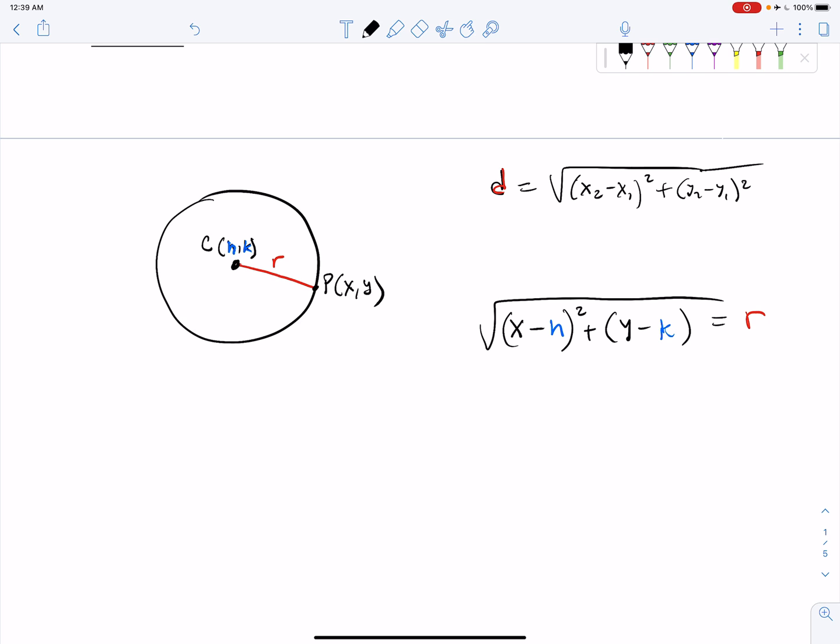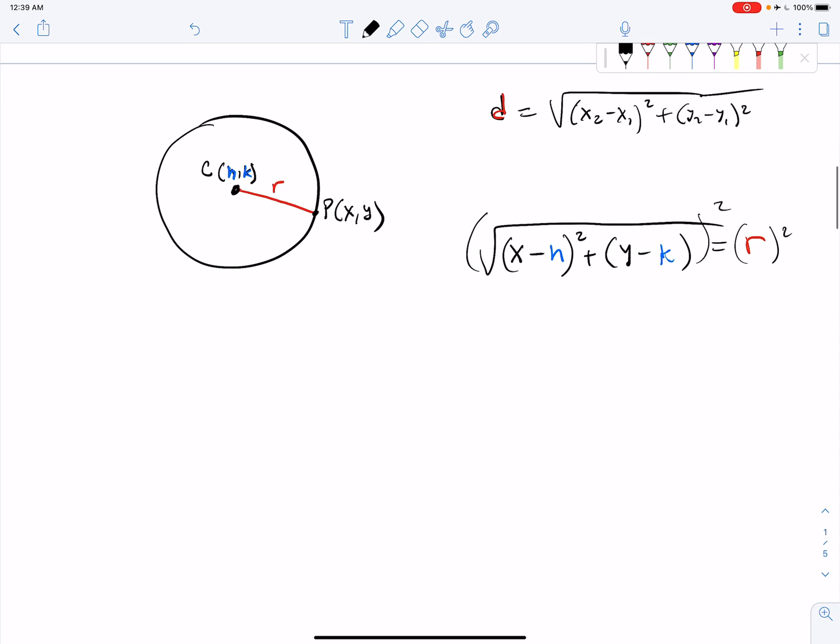Well, the standard form doesn't have a square root in it, so we can show that by just squaring both sides. And we have this form: x minus h quantity squared plus the quantity y minus k quantity squared equals r squared.